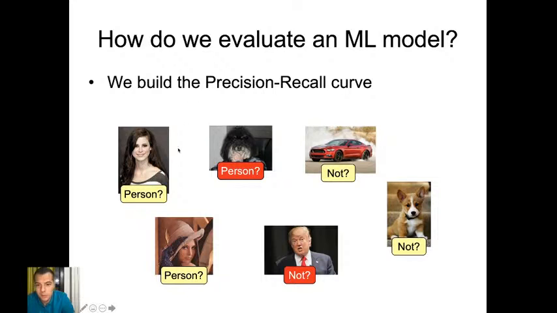Imagine that you just draw some separating border here between these two girls. Here you will get precision 1, because everything that you predict is a person, but the recall will be very small. You will predict one person, but the other two will not be predicted as people. So your recall will be 1 divided by 3.